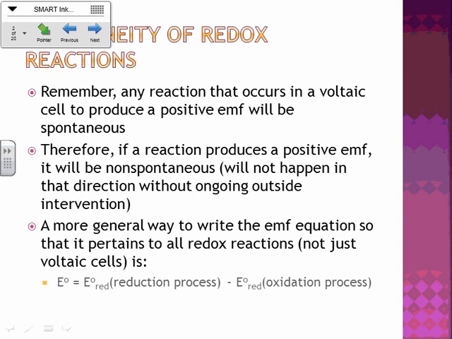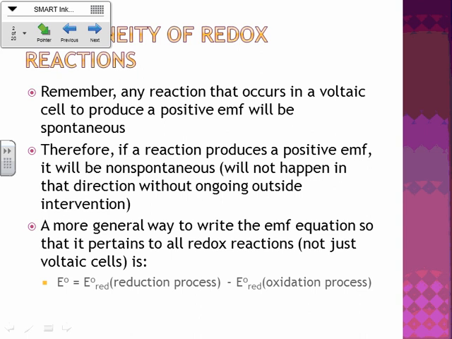The reaction does not happen spontaneously in the forward direction. If you set it up correctly, you should get a positive voltage. And anything with a positive EMF is a spontaneous reaction. So positive E is going to tell us that a reaction is spontaneous, just like negative delta G told us in the last chapter.